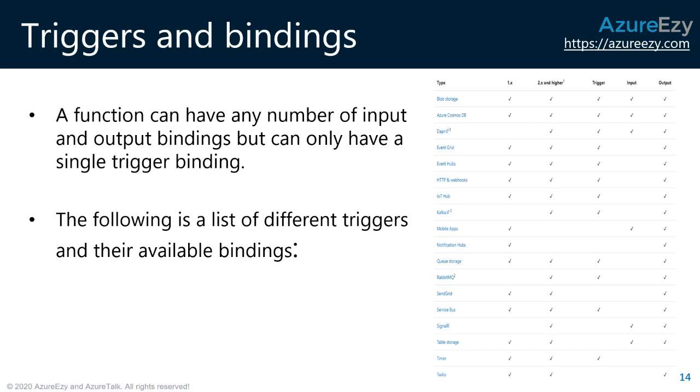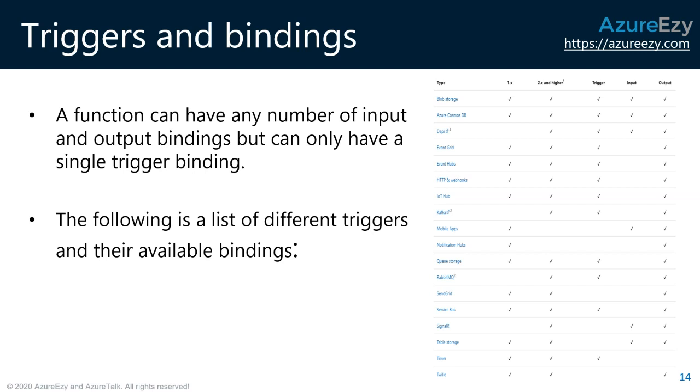An Azure function can take input from a lot of resources, and it can give output into a lot of resources. Bindings are of 2 types: one is the input binding, another is the output binding. Let's say you are making an HTTP trigger based Azure function. Your HTTP request comes in, and then your HTTP response comes out.